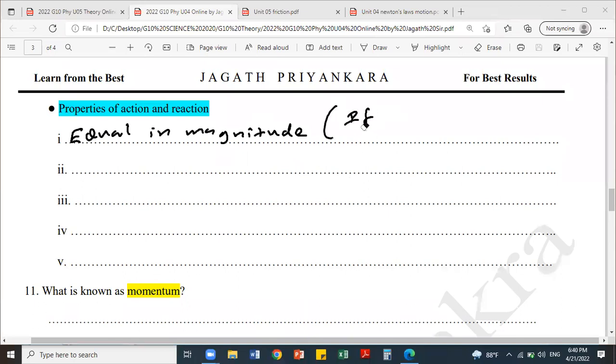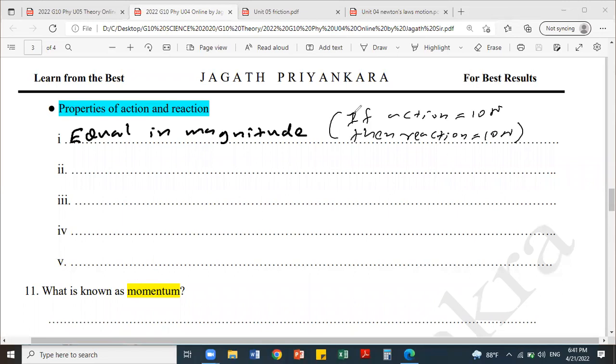You can write this as an example. If action is 10 Newton, then reaction is also equal to 10 Newton. That's how you do it.